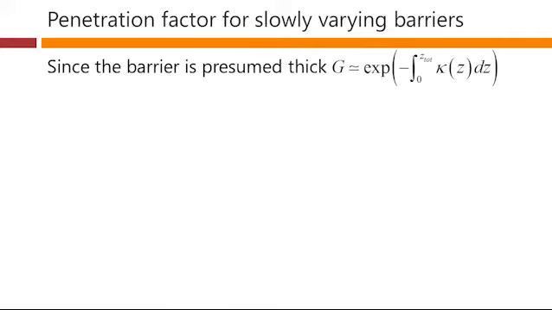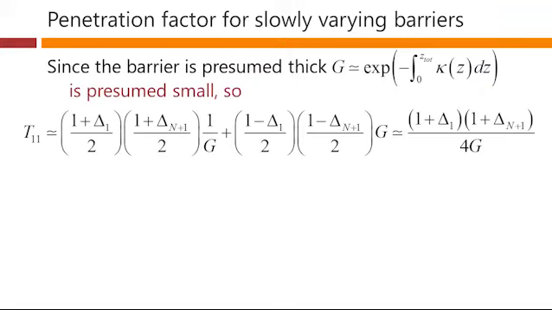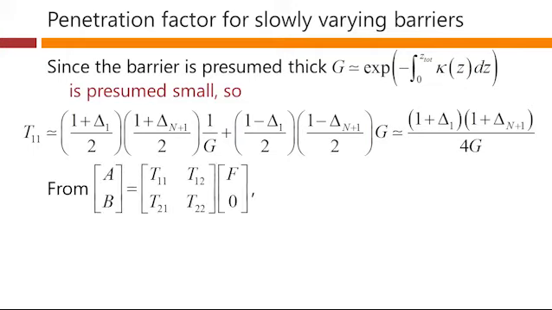Since the barrier is presumed thick, this factor here is presumably small, so T11, which would be everything we wrote down before, we can approximate as this expression here. This term is going to dominate entirely, and this term is going to be relatively negligible. So from our transfer matrix, on the presumption there's only a wave leaving to the right, that means that the incident wave amplitude, relatively speaking, is T11 times f.